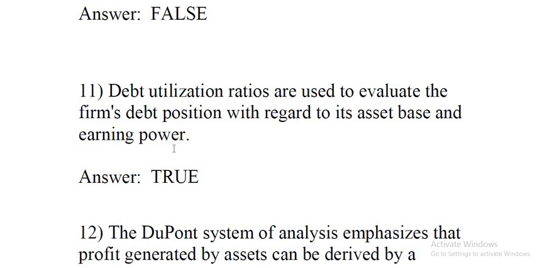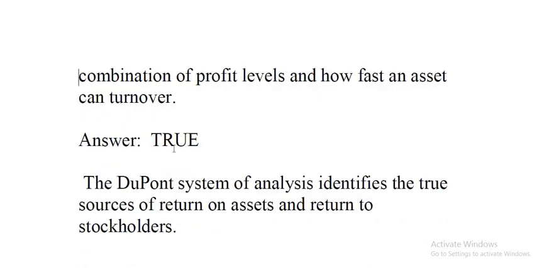The DuPont system of analysis emphasizes that profit generated by assets can be derived by a combination of profit levels and how fast assets can turn over. This is true. The DuPont system of analysis identifies the true sources of return on assets and return on stockholders' equity.